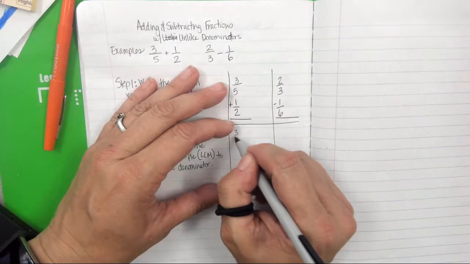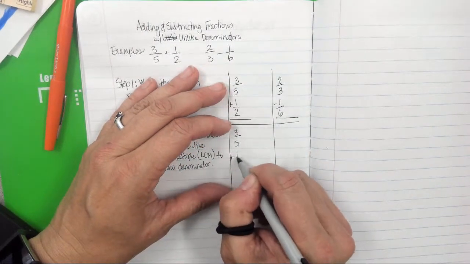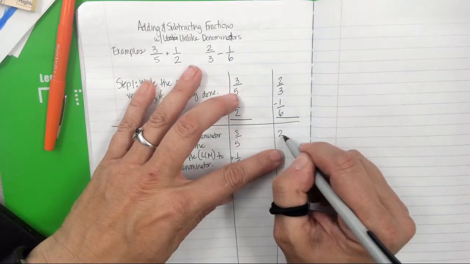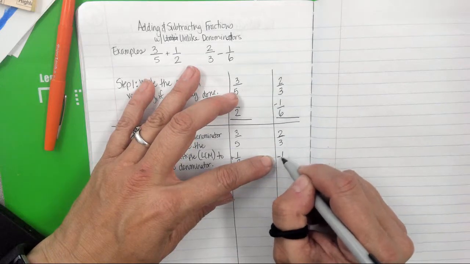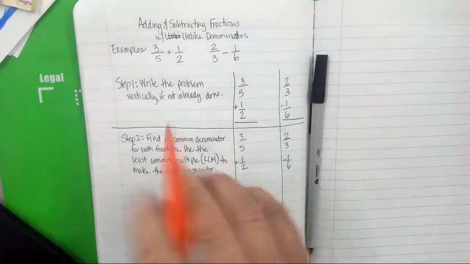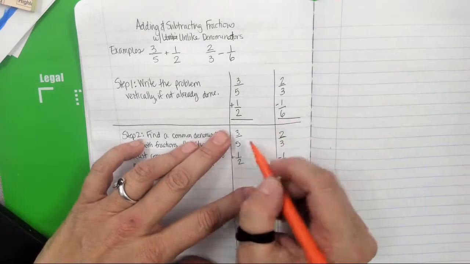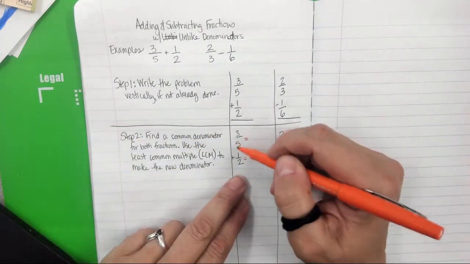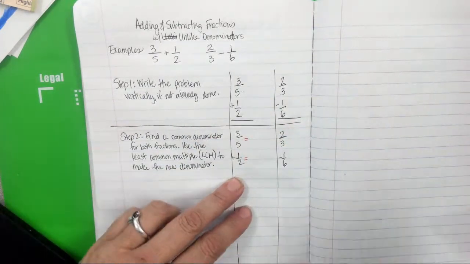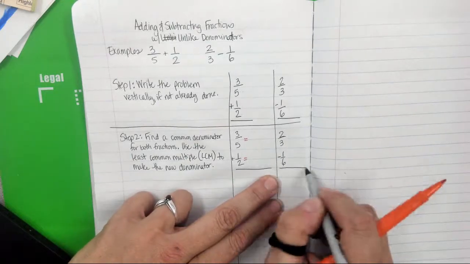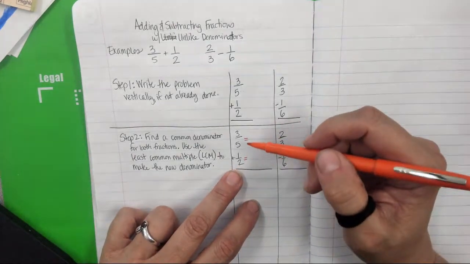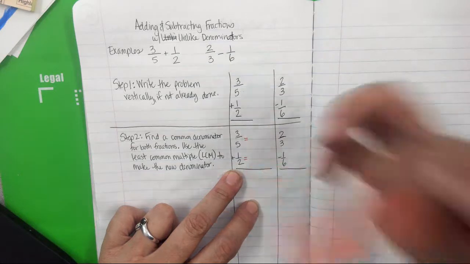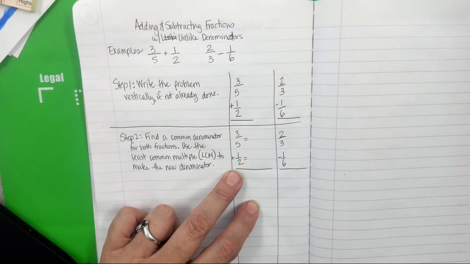So, we got 3/5 plus 1/2, and then 2/3 minus 1/6. So we're going to have to find a number that both of these denominators have in common. Okay? What number does 5 and 2 have in common?